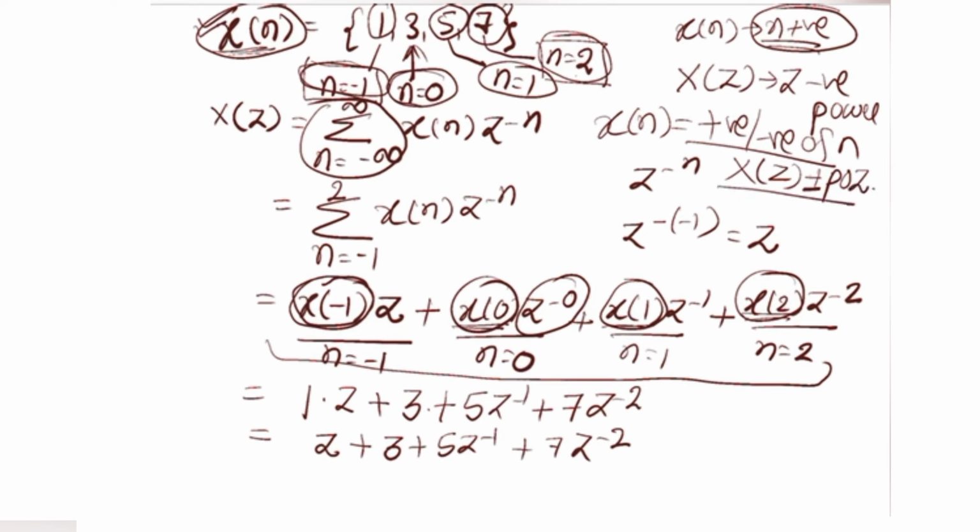So, when our signal is only at the positive side, we will get the negative powers of z in X(z). When our signal is existing for positive as well as negative values of n, then X(z) is having the positive and negative powers of z.